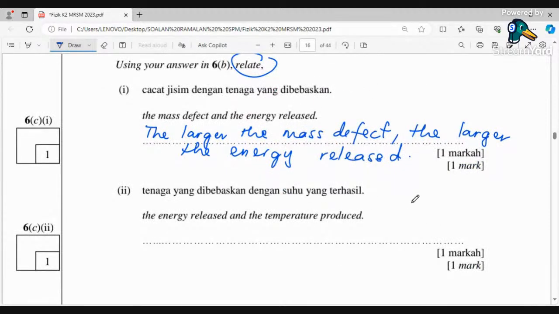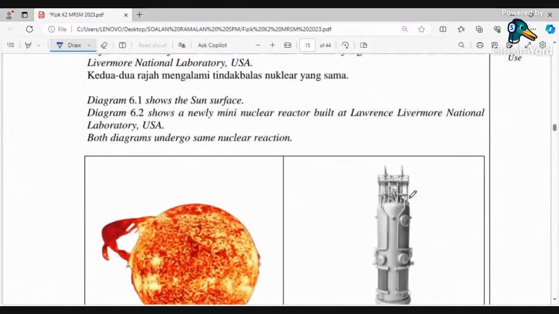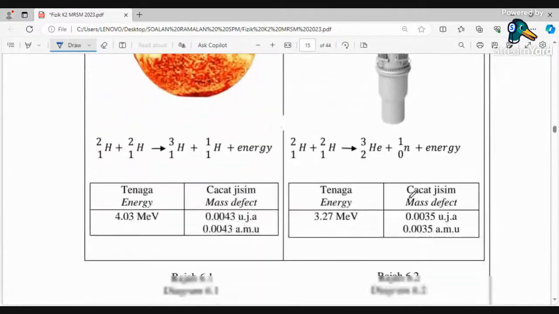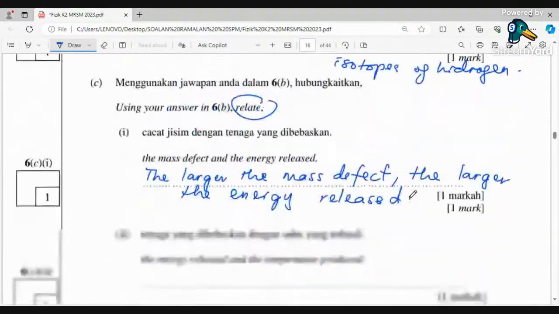Energy release and temperature produced. When we talk about temperature, we look again, is there any information? But we know that for fusion, it requires very high temperature.